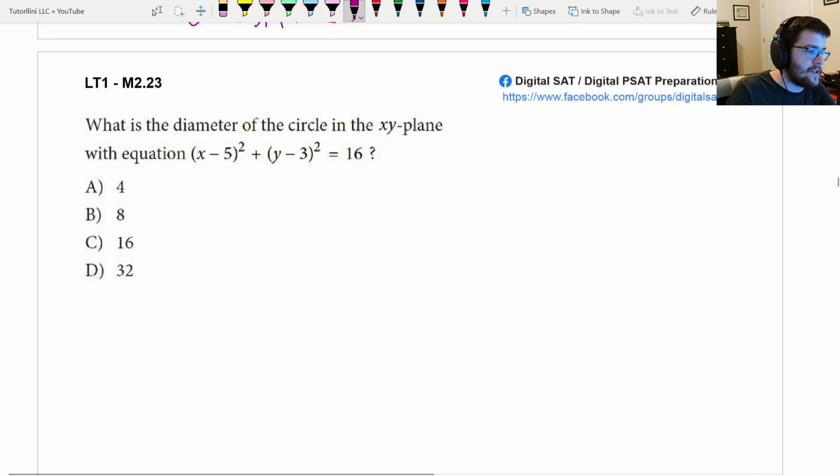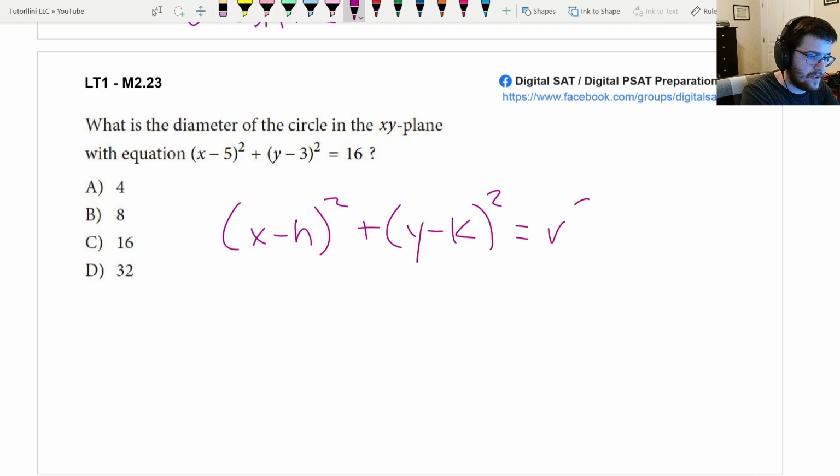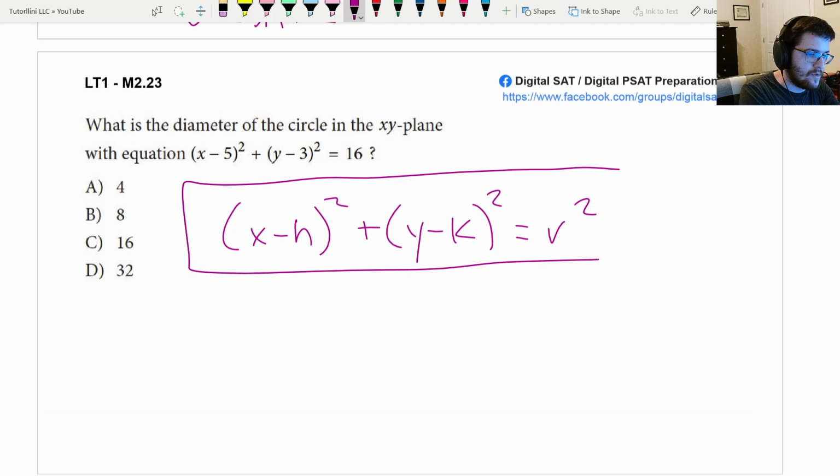What is the diameter? Okay, so the equation of a circle is x minus h squared plus y minus k squared equals r squared. So the very first thing is you want to find the center.